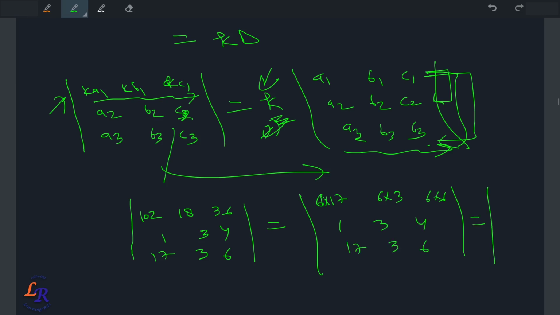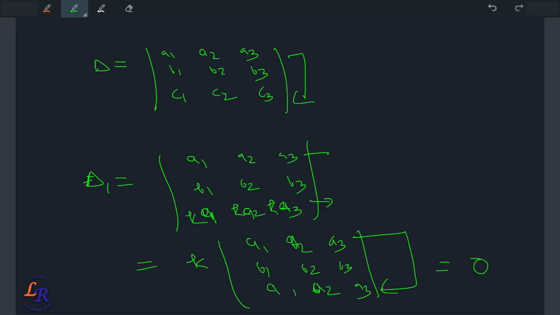So it will be equal to what? You can take out the 6 factor common from this row, so it will become 17 3 6, 1 3 4 and 17 3 6, right? Now you see this and this row are common, so the value will be 0. Even if you expand and calculate, you will get the same thing. So that's a very interesting property.